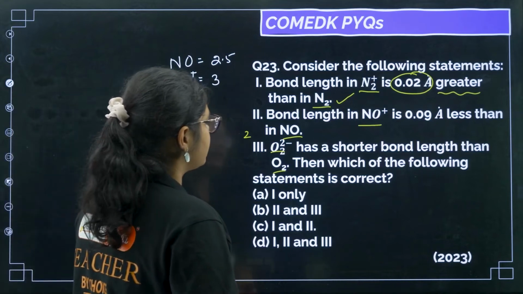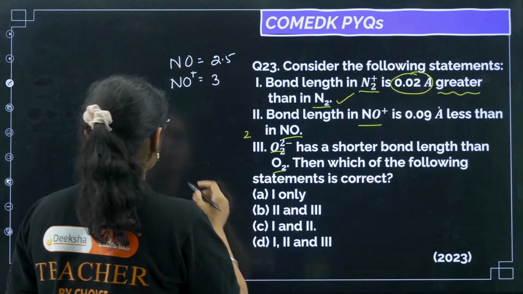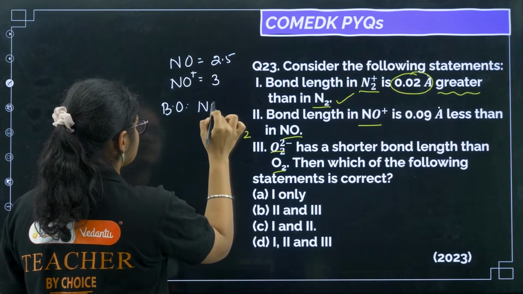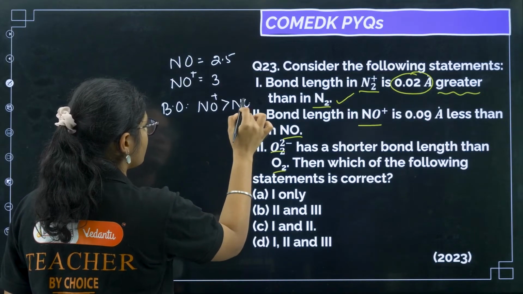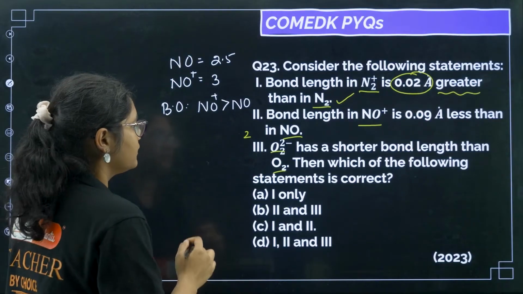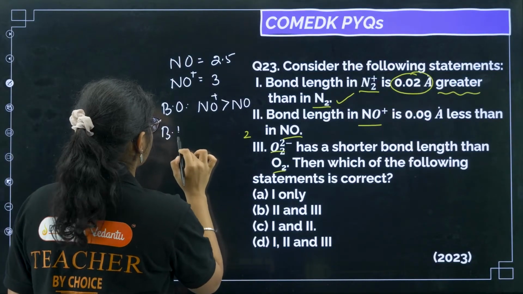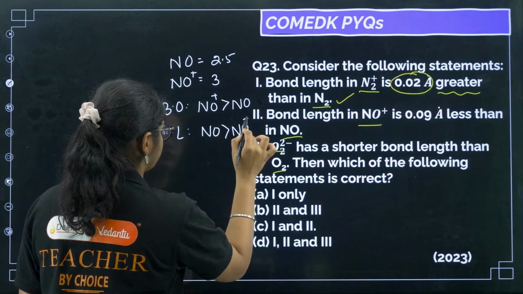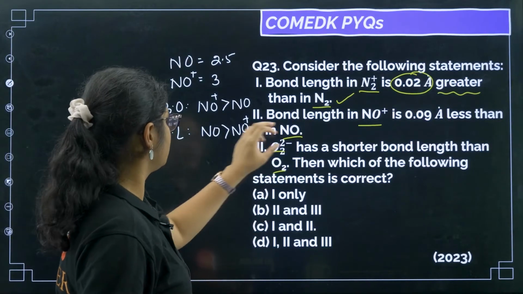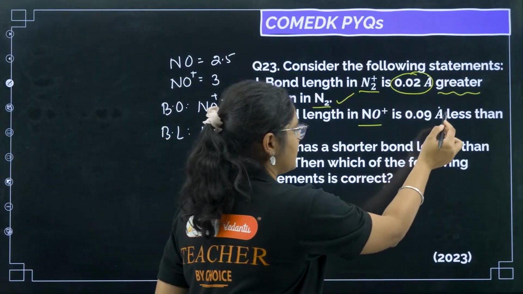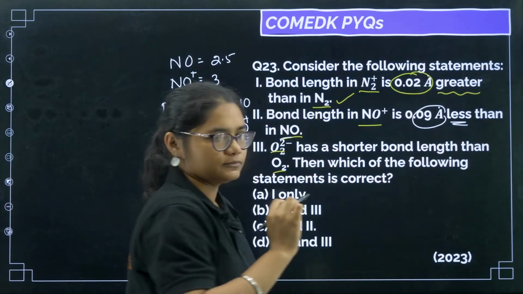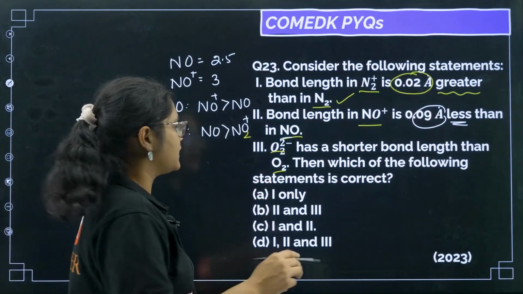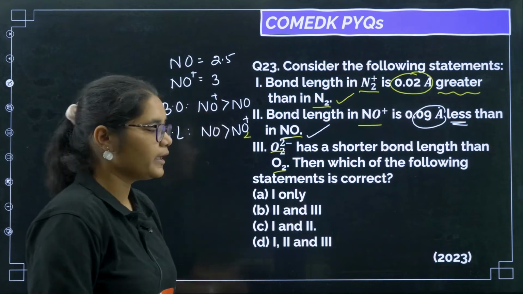So I can say that bond order of NO plus is greater than NO, and bond length will be NO greater than NO plus. So this bond length in NO plus is 0.09 less than that of NO. So that less than is correct. You can see bond length of NO plus is less than the NO. So that is why this statement is also correct.